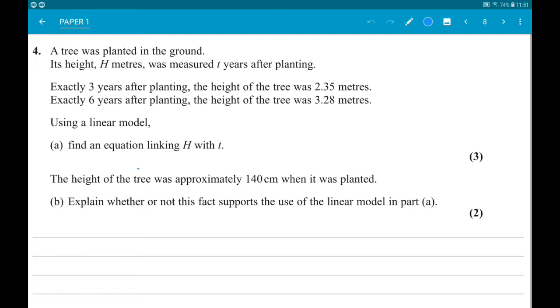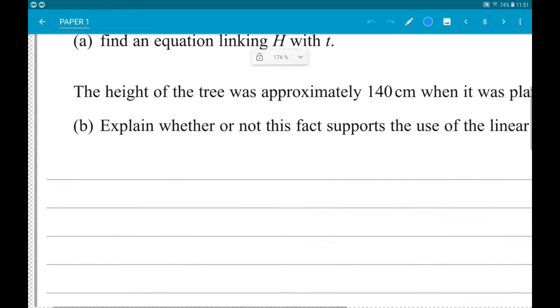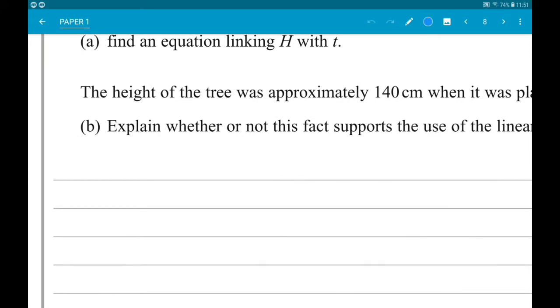Okay, so if it's linear, we know it's going to be of the form h is equal to mt + c.